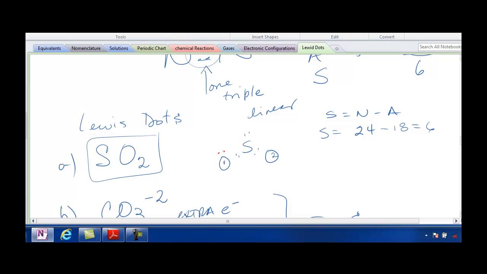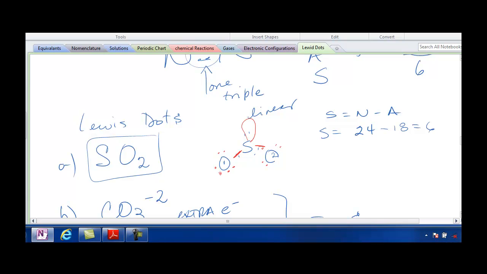I'm going to put oxygen with red dots. If this oxygen has 6, and I do the same thing here, what's going to happen? 1, 2, 3, 4, 5, 6. Is sulfur ever going to achieve the octet? No. So what do I need to do? Remove these 2, any 2, and share them. So I'm going to have a double bond, a single bond, and a lone pair.